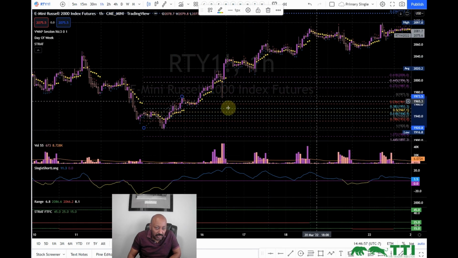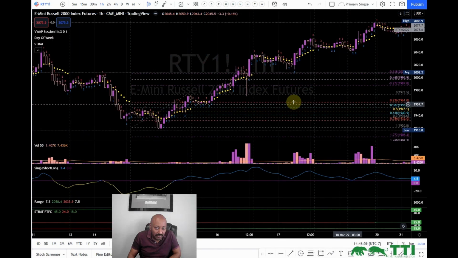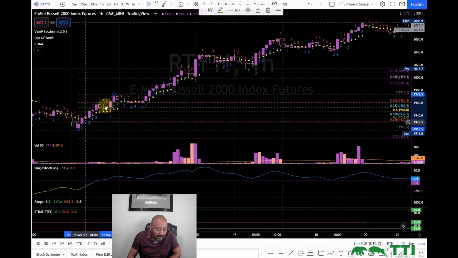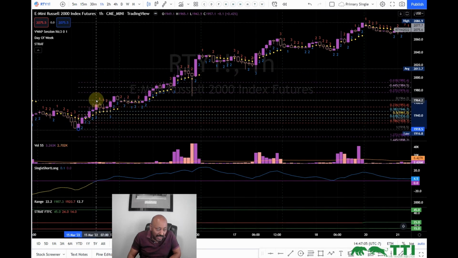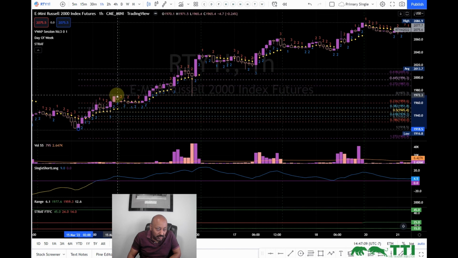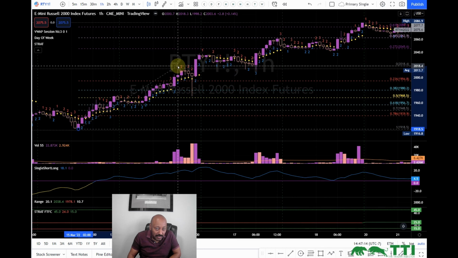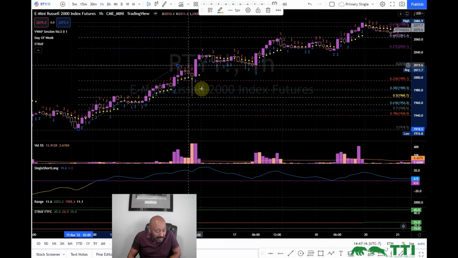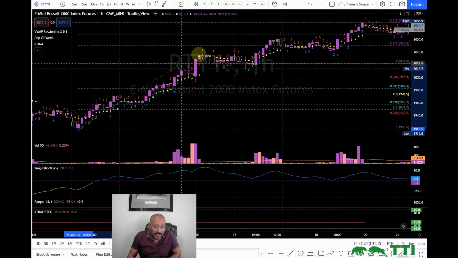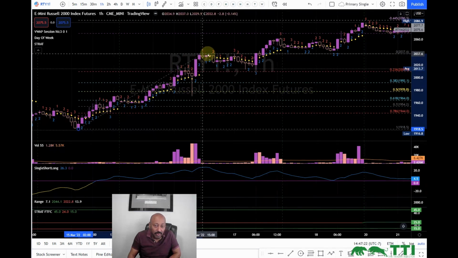I will zoom out so you can clearly see what I'm doing here. So when you go from this low to this high, we did not close above 38.2. To this high, we did not close above 38.2. To this high, we came down, did a lot of testing but we did not close below 38.2.